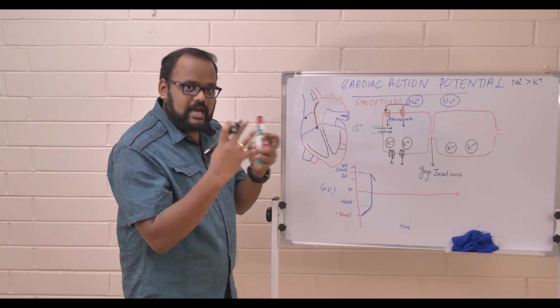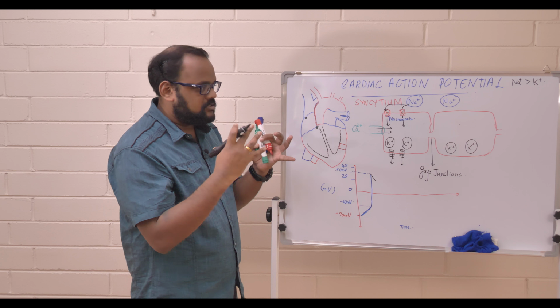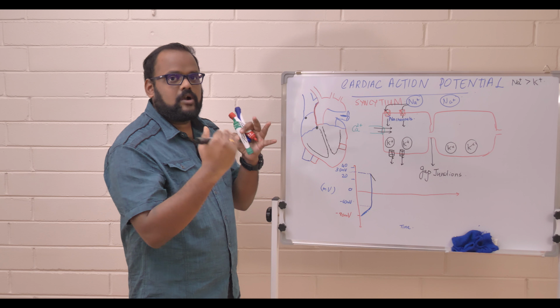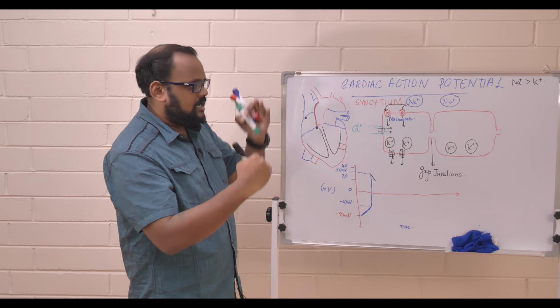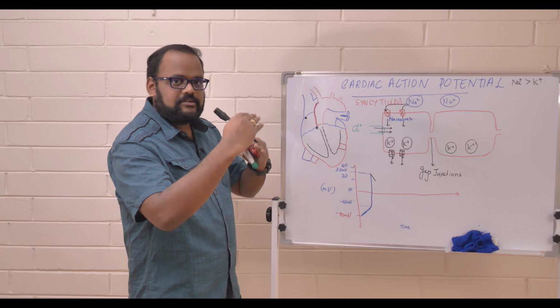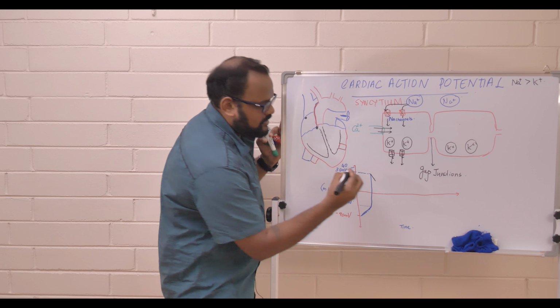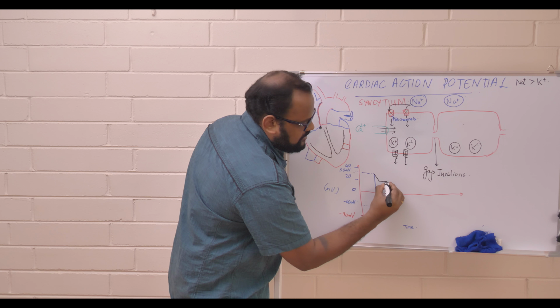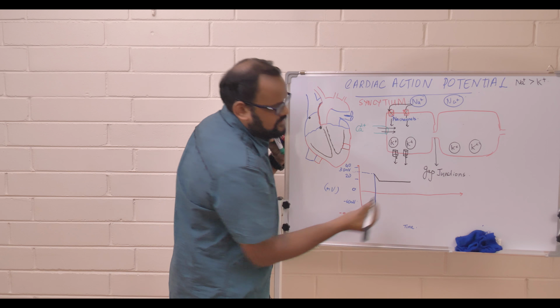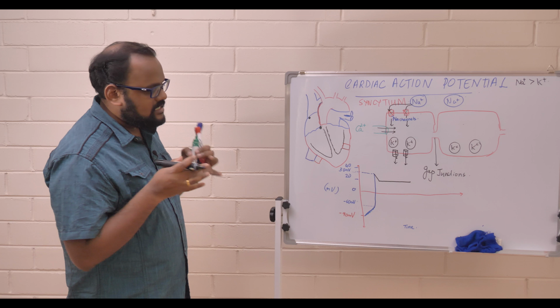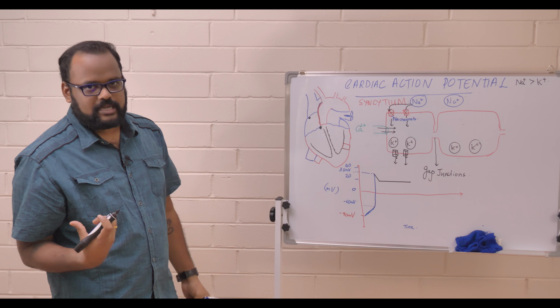So the net polarity, or the net electropositivity, will be the same, and we call it a plateau phase. That means the net electrical current will be the same. This plateau phase is a stage where calcium is coming in and you're losing potassium.